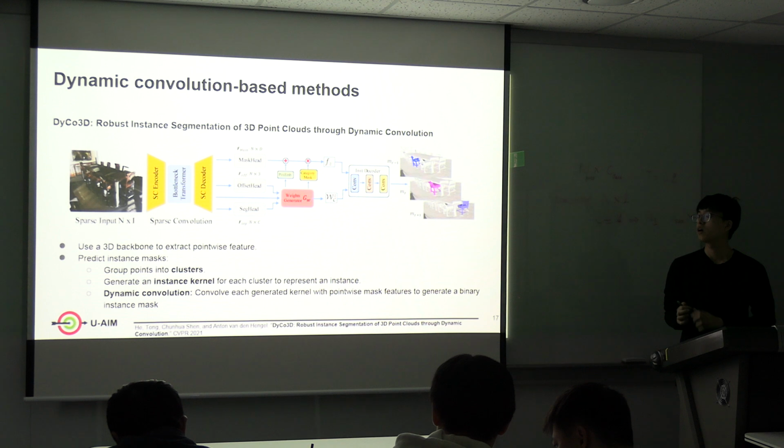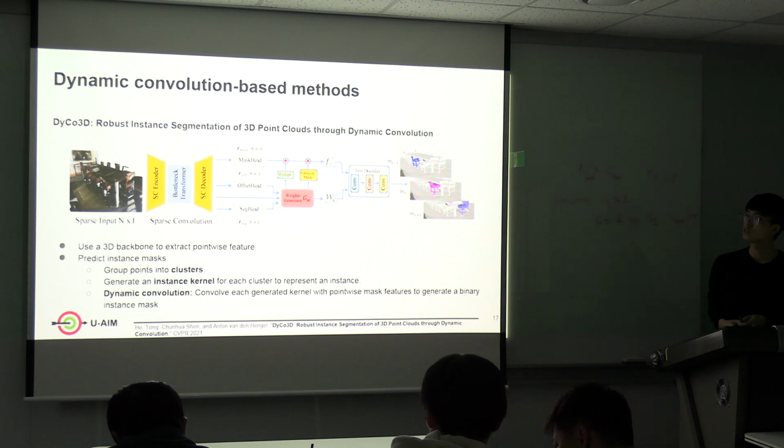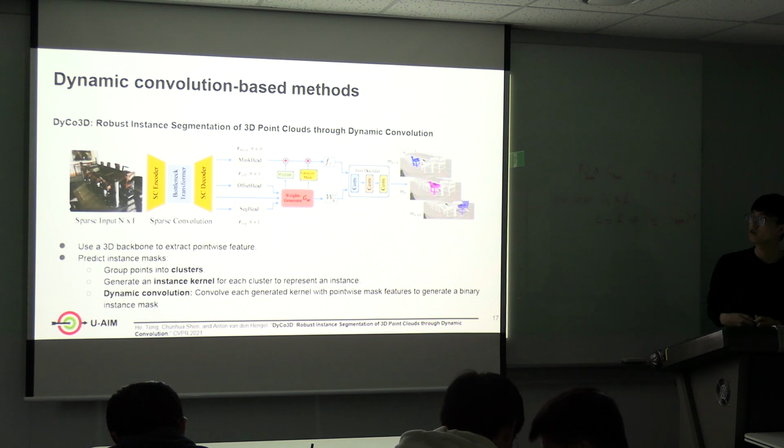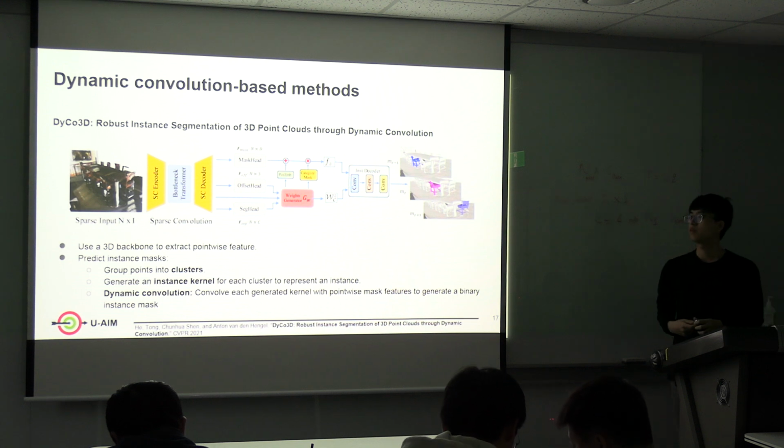Instead of the regular convolution, where you have a fixed kernel, for the dynamic convolution you will have a kernel that is encoded by the input. So for different input, you will have different kernel.